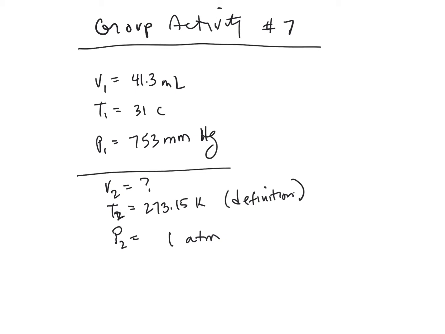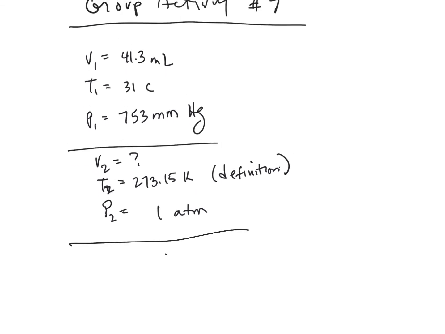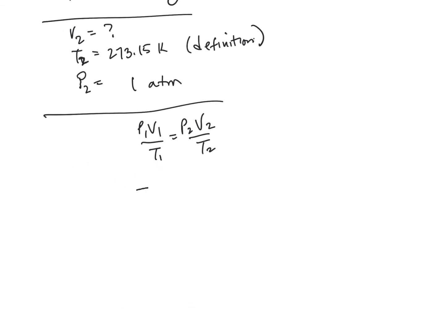All right, so we're going to solve for V2. Put it into the equation: P1 V1 over T1 is equal to P2 V2 over T2, right? Solve for V2 here, so V2 is equal to T2 P1 V1 divided by P2 T1.